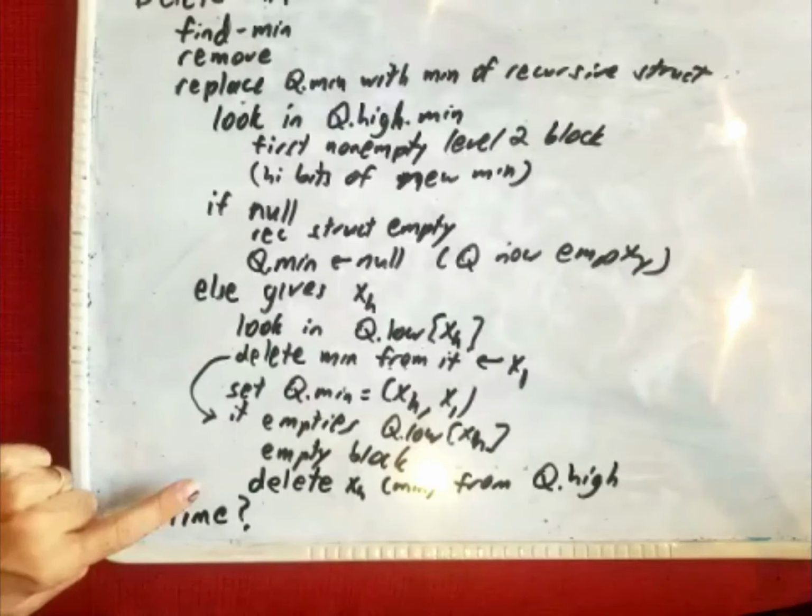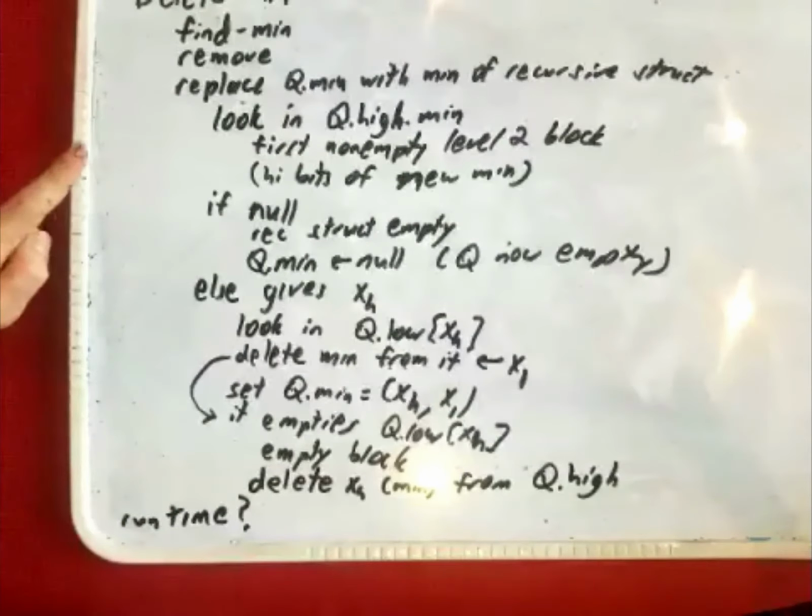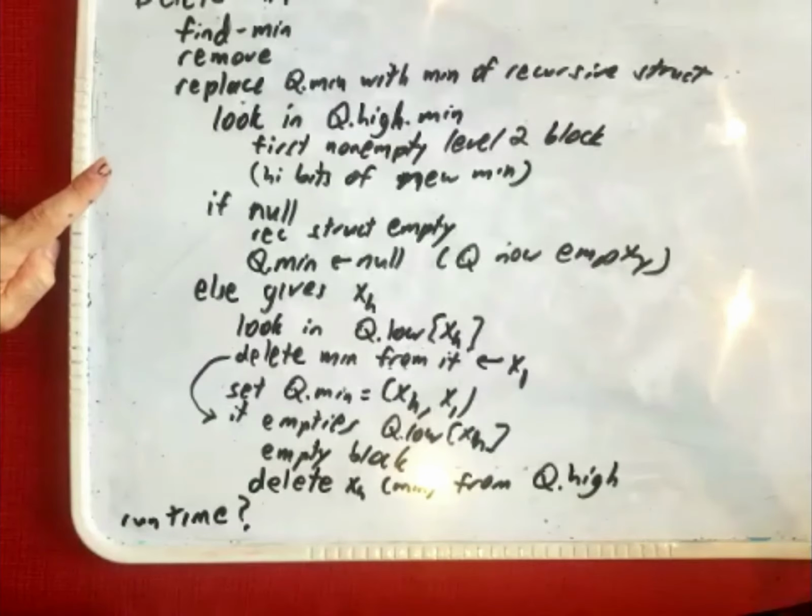So it appears like we're doing two recursive delete mins in order to fulfill our original delete min. But just like in insert, it's not really two delete mins. How come? You only do the second one when the first one had only one item in it. Exactly.